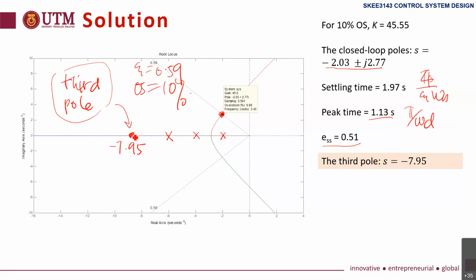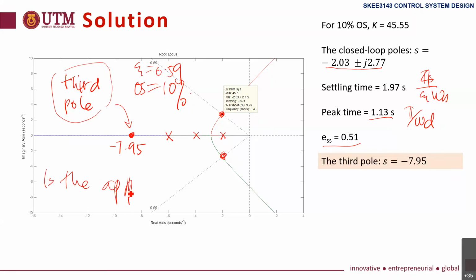So we have poles here, here, and here. 3 poles. Use the formula, calculate the pole, you get 7.95. So next question is the approximation.